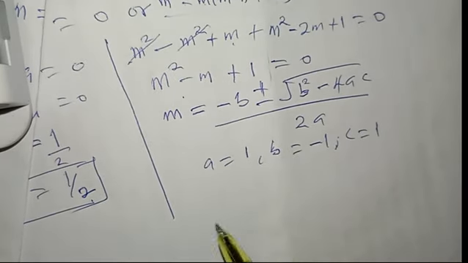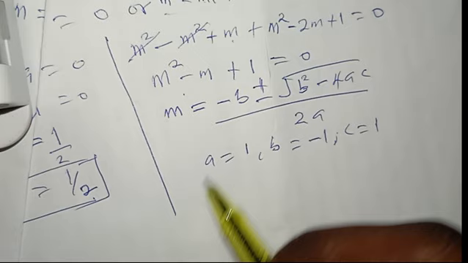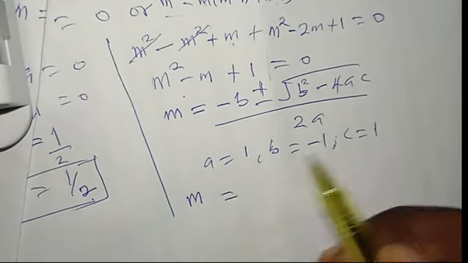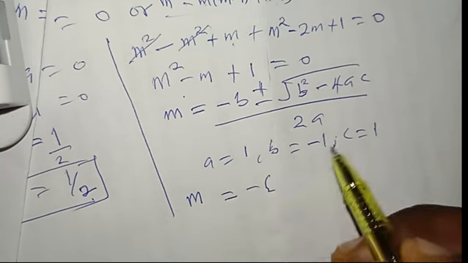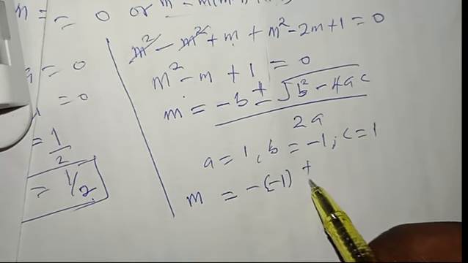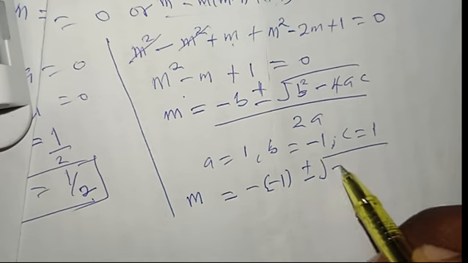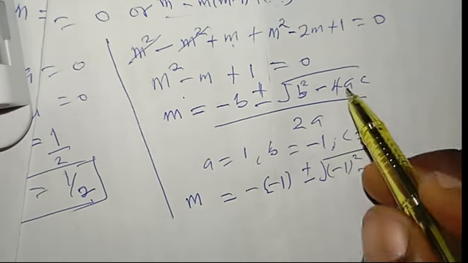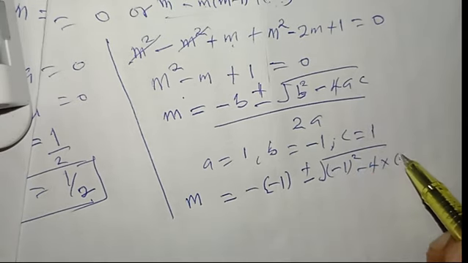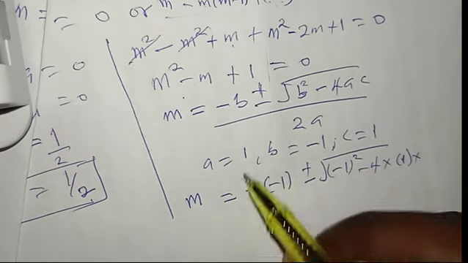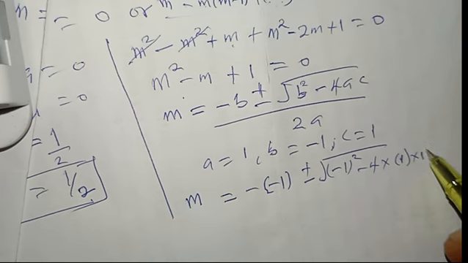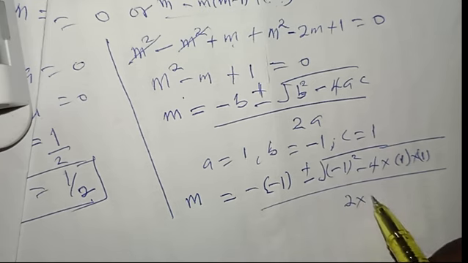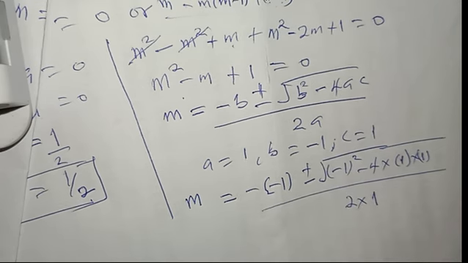Okay, so moving on, I'm going to substitute all of this. Therefore, my m is going to be equal to minus minus 1 plus or minus the square root of minus 1 squared minus 4 times 1, times 1 also, which is c, and it's all divided by 2 times a, which is 1.